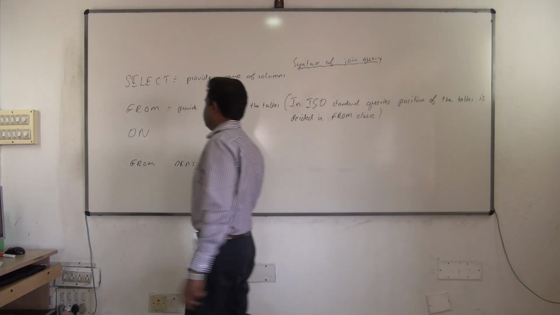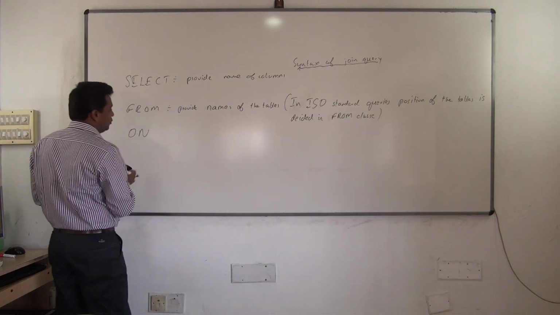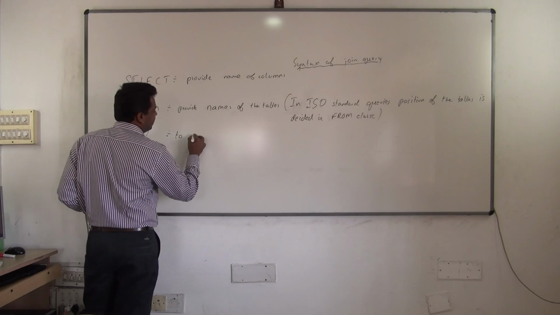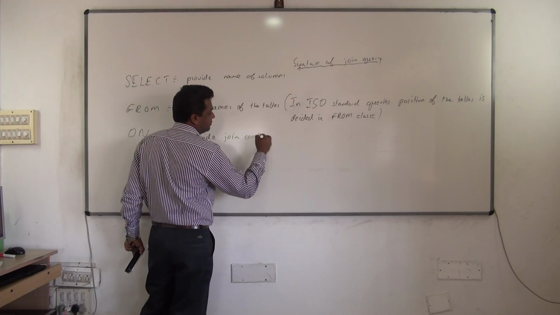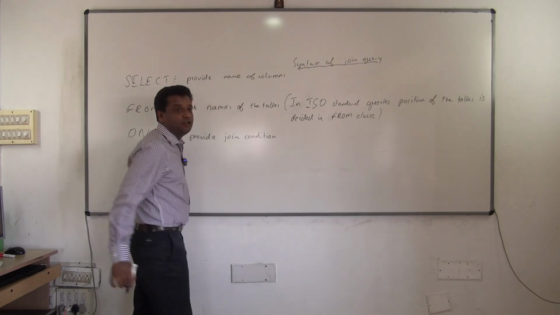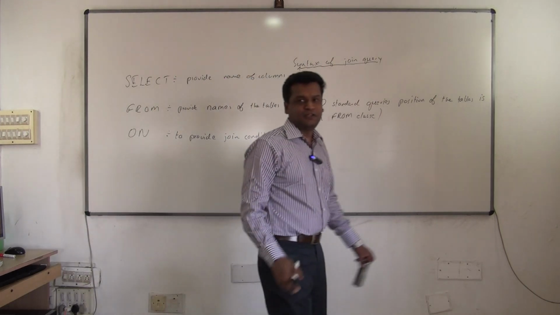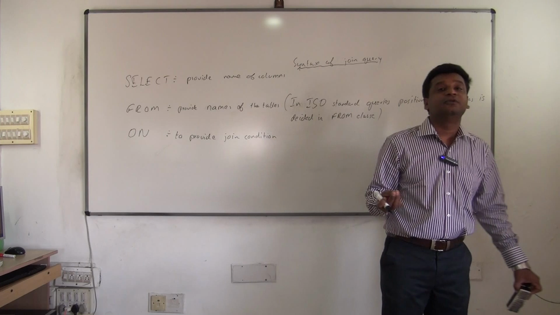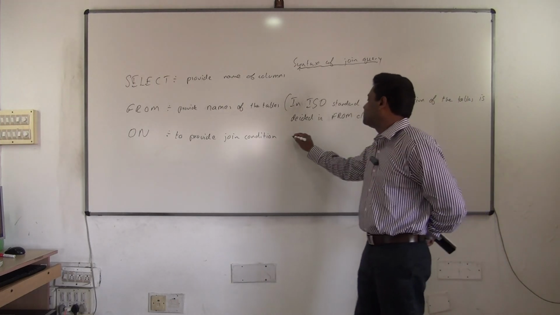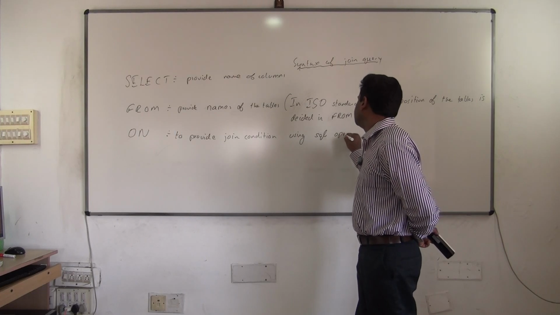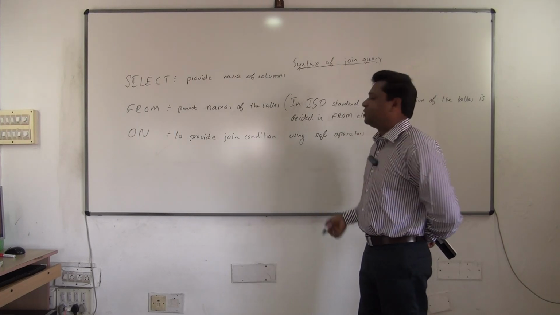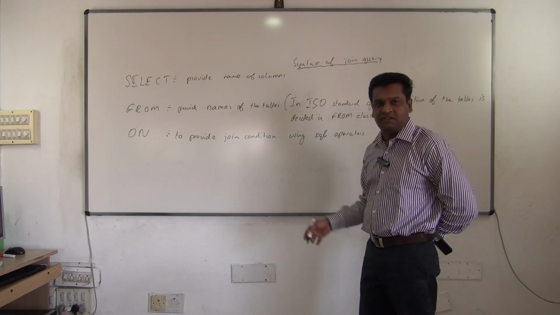Now why do you use on now? Yes, to provide the join condition. On is used for providing the joining condition, and if you want to write a condition you have to use SQL operators. Which are the different operators you can use? Just now we listed.